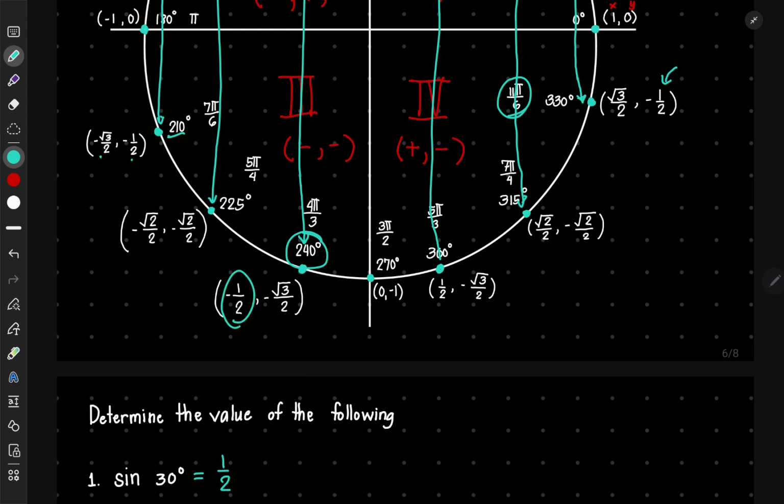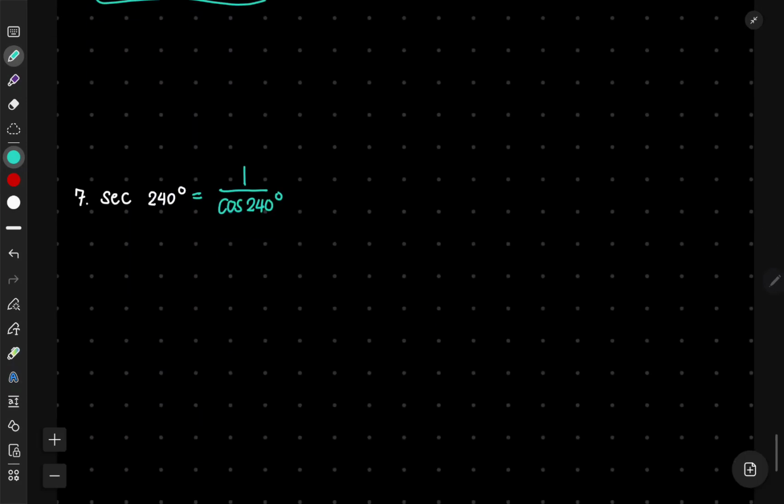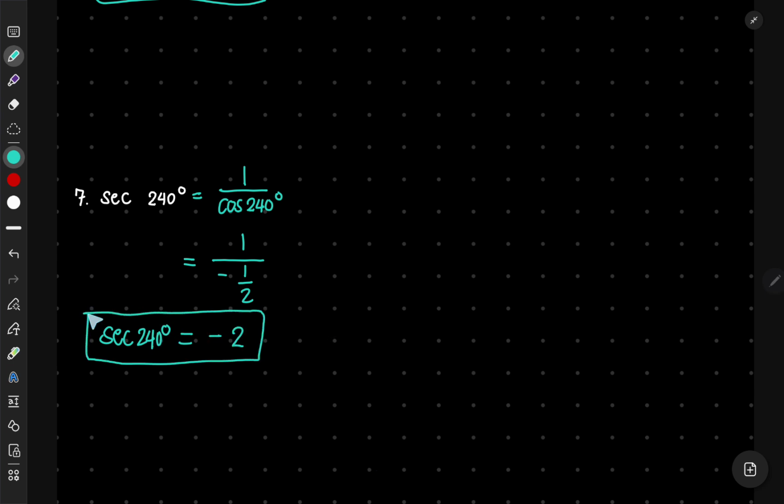So, that's all we need. So, we have negative 1/2. So, we have 1 over negative 1/2. So, therefore, our secant 240 degrees would be equal to negative 1, I mean negative 2.